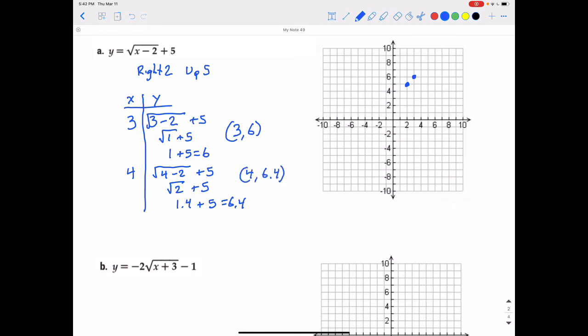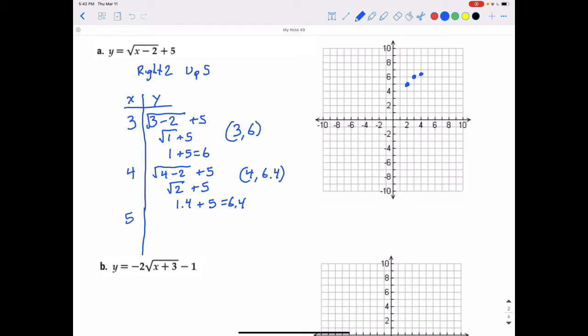So I'll do that now. So over 4 up 6.4. That's not quite 6.5, so it's a little bit less than a half, so maybe about right there. And then I continue to do that with a couple more points. I think 4 points is fine.